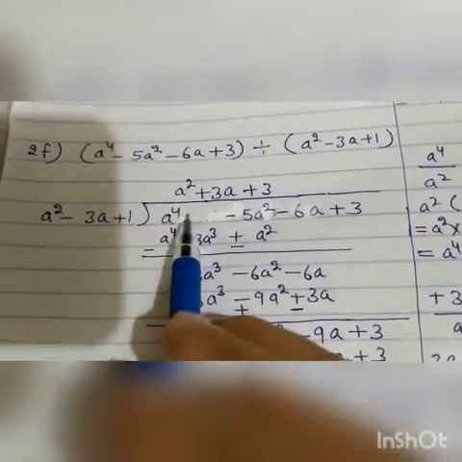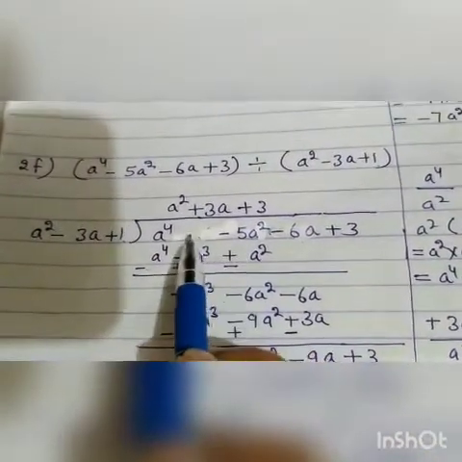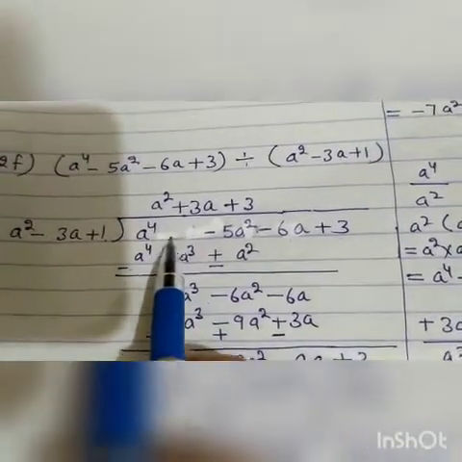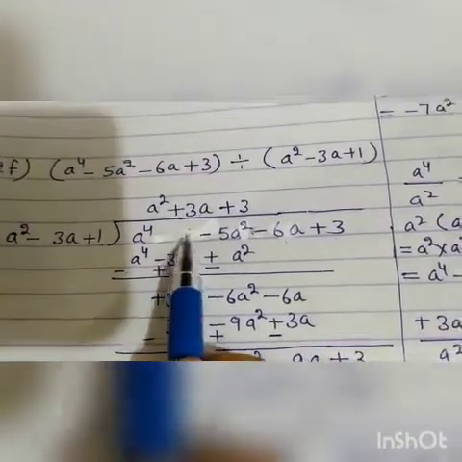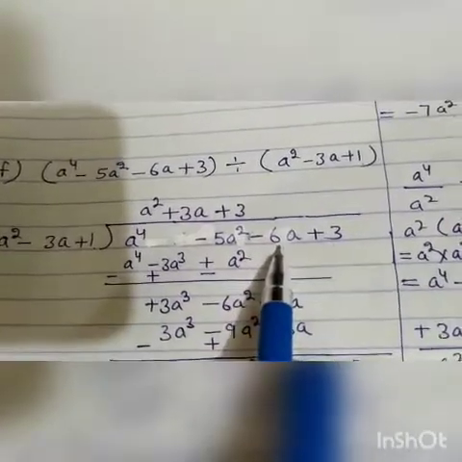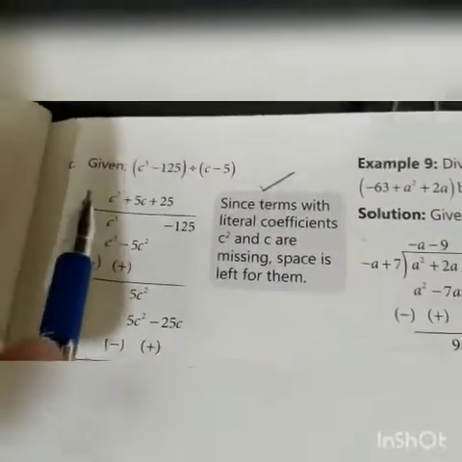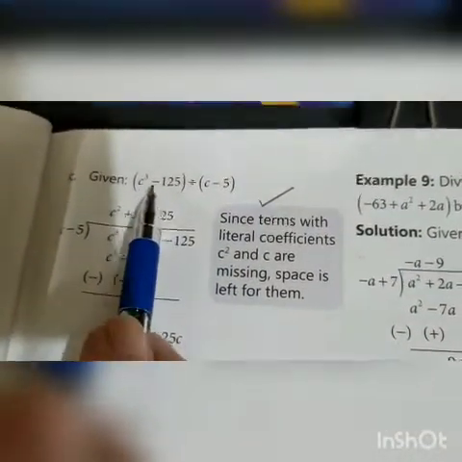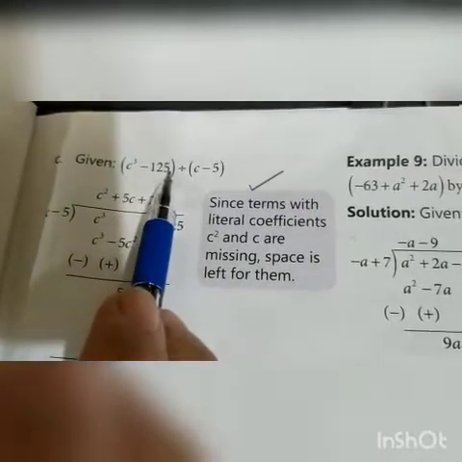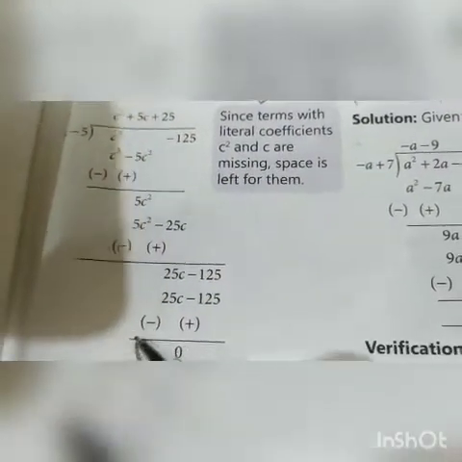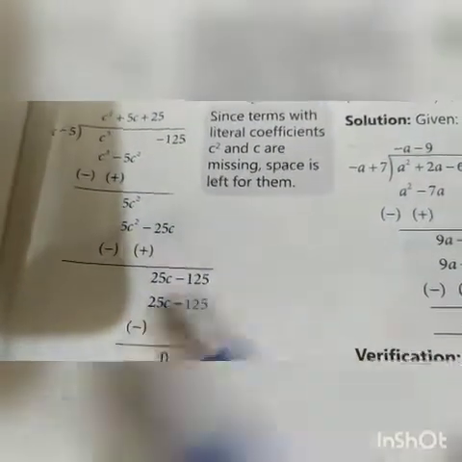After a power 4, the question has no term with a cube, so we leave space for that term, then minus 5a square minus 6a plus 3. You can see this example also in the same pattern: here we have to divide c cube minus 125 by c minus 5. Read this example and it will be clearer to you.